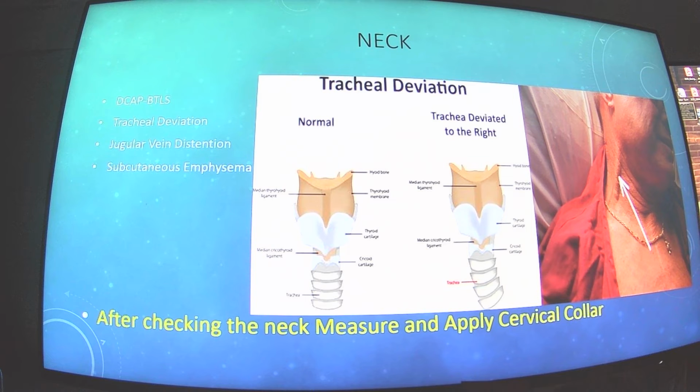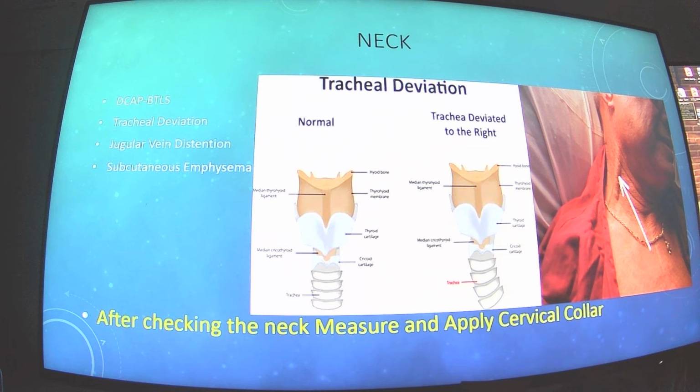Tracheal deviation. The trachea, your windpipe that's located in the front portion of your neck, should be midline. If it's deviated to one side or the other, then we have tracheal deviation.